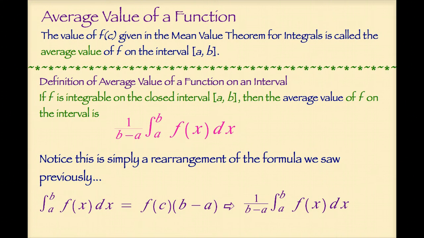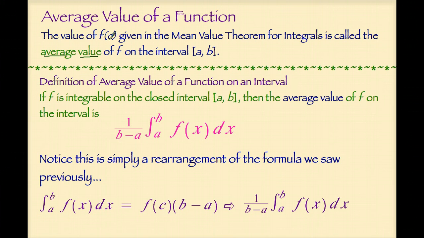So what is the average value of a function? The value of f of c, remember we found the c and the function value or the height at that c, given in the mean value theorem for integrals, is called the average value of f on the interval AB.